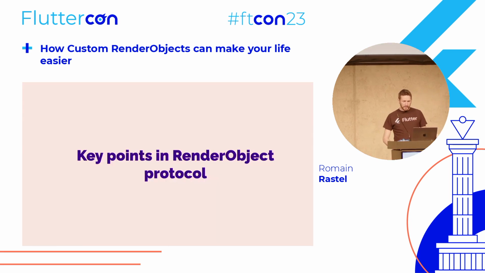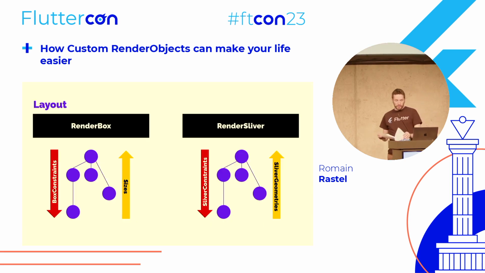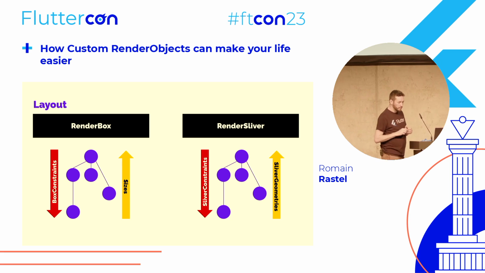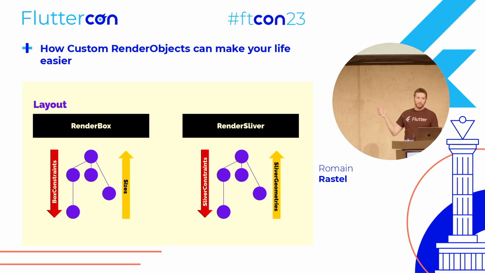Okay, before diving into some code, let's talk about some key points in the render object protocol. We need to lay out our children, and the layout is the part where we compute the size of the render object, and we also compute the position of our children. In the render object, we have a method called perform layout we saw earlier, which is its main job.